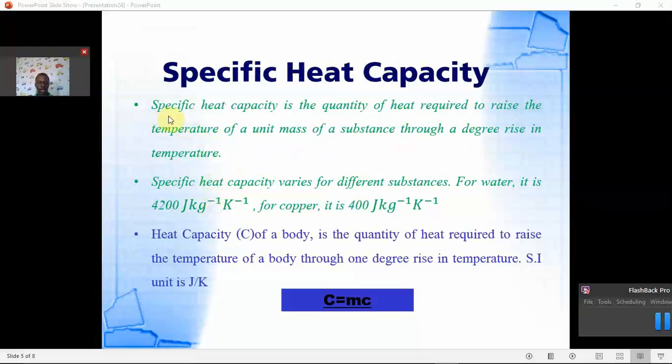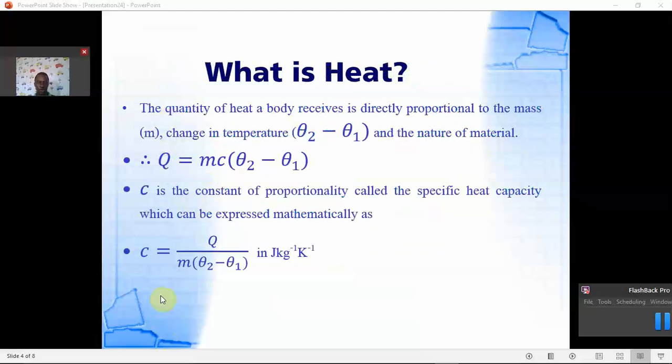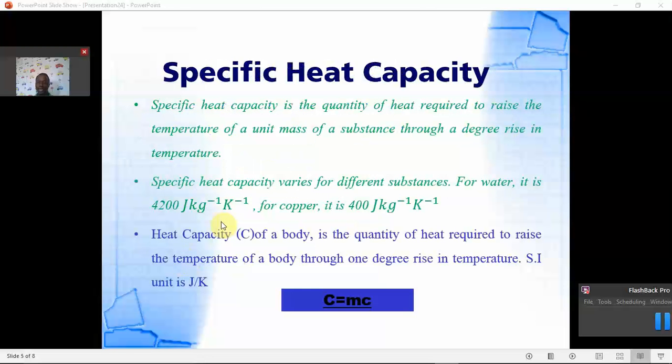So if you look at the formula here, you're dividing by mass. That's very important to take note of. Anytime you hear specific, you are referring to the quantity per mass. So it is the heat required to raise a unit mass through a degree rise, usually measured in Kelvin.